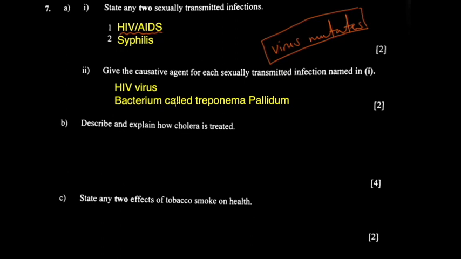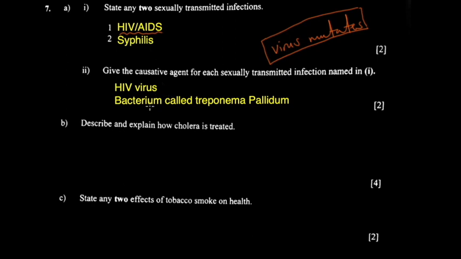COVID mutates, so it gives different variations of itself, such that sometimes the strategy that worked for one variation will not work for another variation. So that's why up to now we don't have a vaccine for HIV. It mutates, it changes constantly.